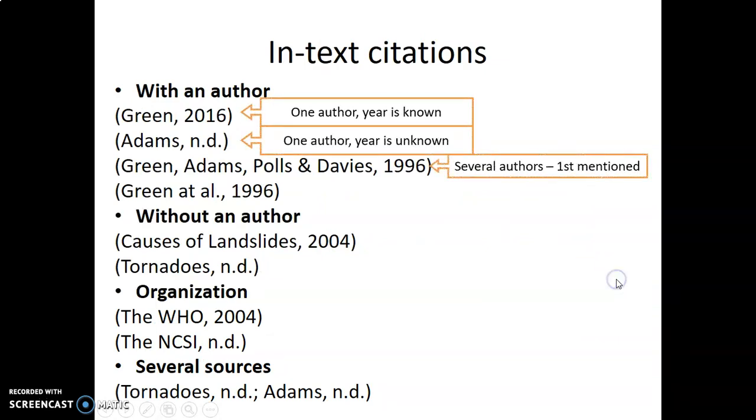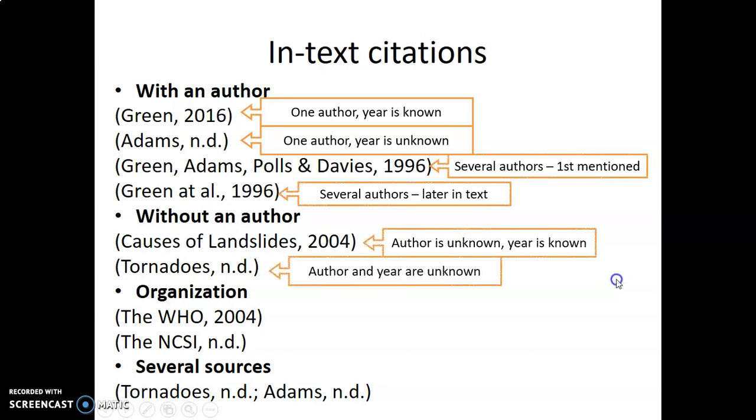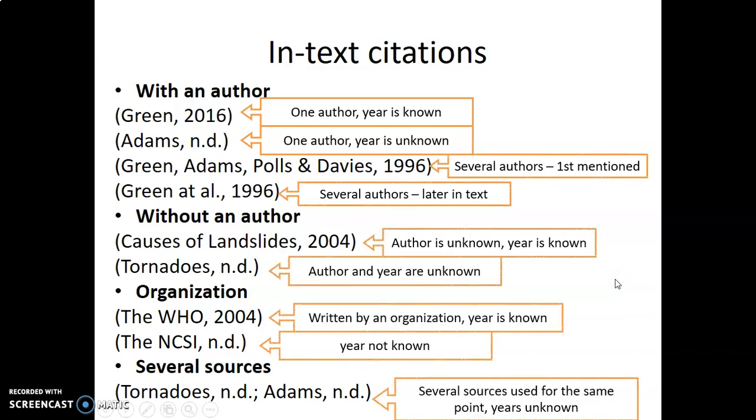You can see some prompts in the appendix I showed in the previous video. So basically, if you know the author, who wrote the article, you write his or her last name, then comma, year. If you don't know the year, you write n.d. If there are many authors, that's what we do.